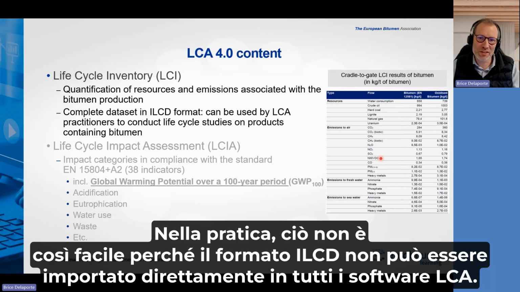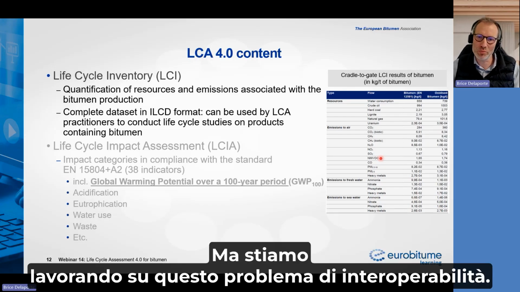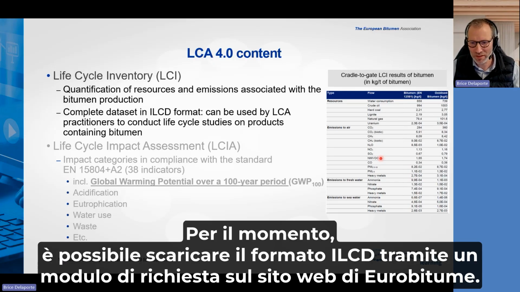In practice, it's not so easy because the ILCD format cannot be directly imported in all the LCA software programs, but we are working on this issue. Anyway, for the moment, you can download the ILCD format through a request form on the Eurobitumen website.